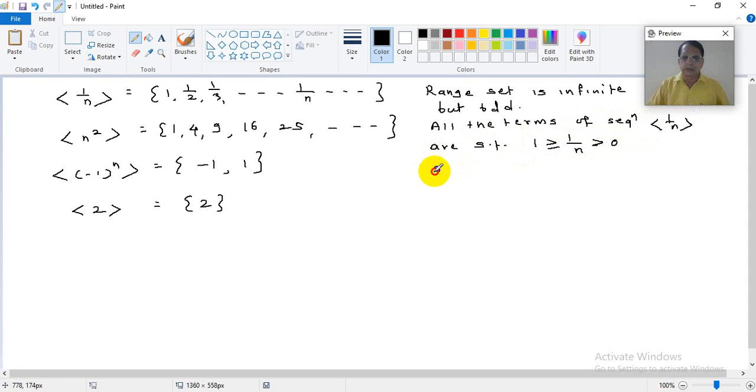So the range set of the sequence 1 by n is bounded. Do you understand? So such a sequence is said to be a bounded sequence.